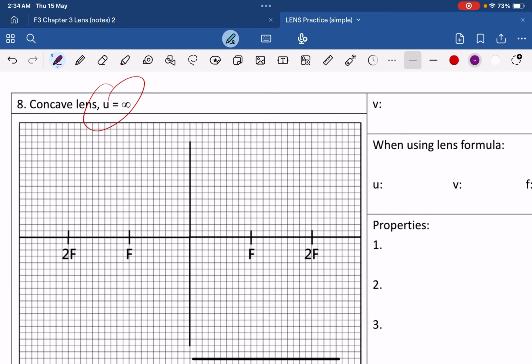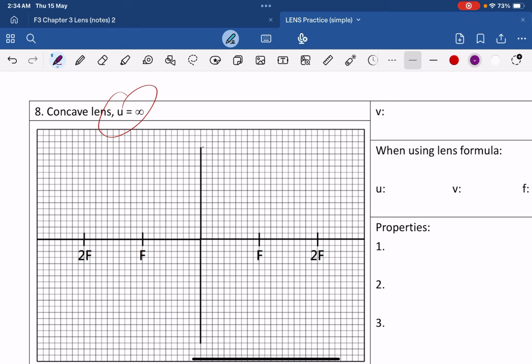Okay, the last one, u is infinity. Not easy to draw. And we use rule 2. The first ray should point towards the focus.